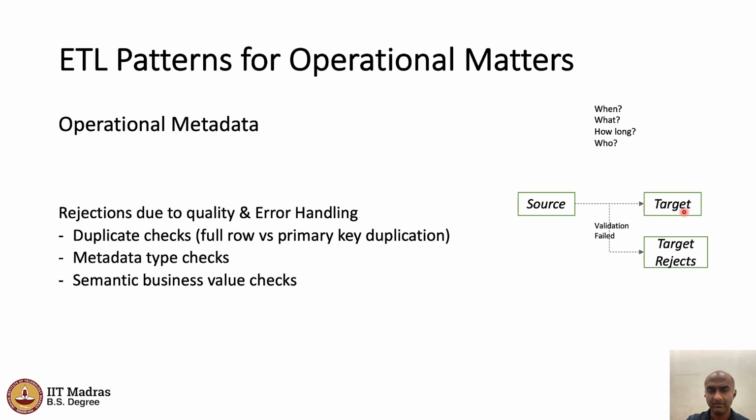So I replace this with a null value, which is the default value, or maybe the default value is like the year 0000, whatever, right? Some way to not violate the type of the column, and I allow that row to continue into the target table.